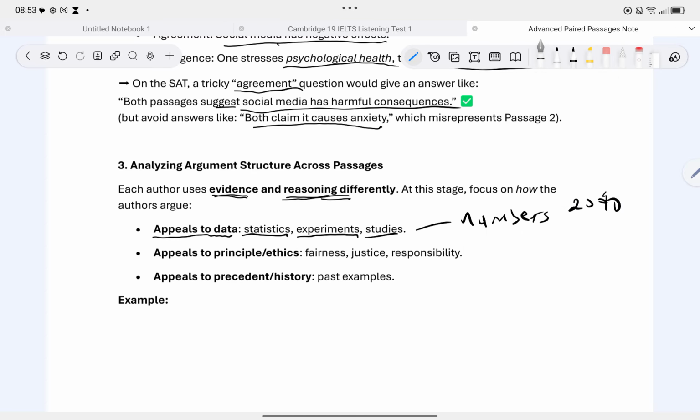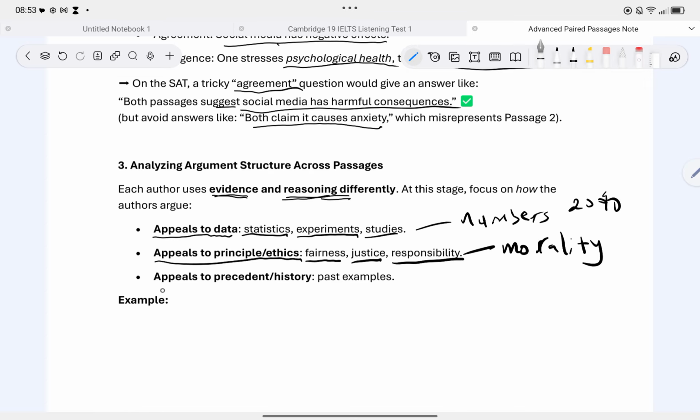Okay, let's go on. Where was I? So now also some passages appeal to principle, ethics, that is to morality. This deals more with morality. For instance, is it fair? Is it just? Is it responsible? This one appeals to your religious side.